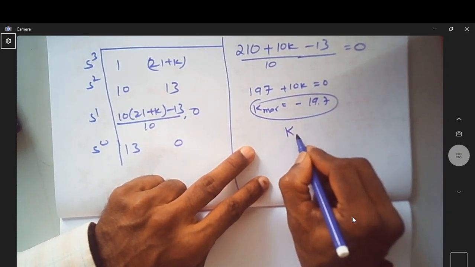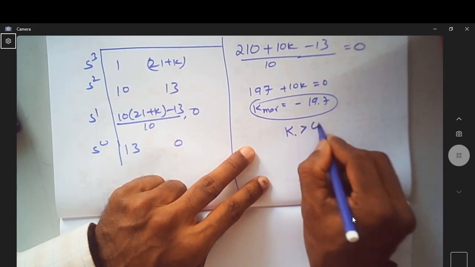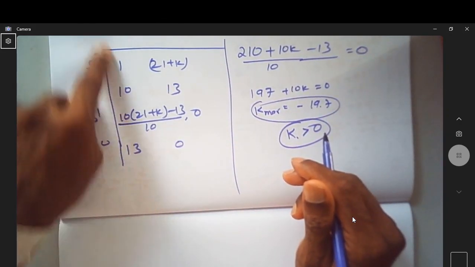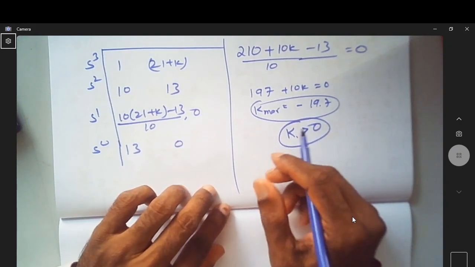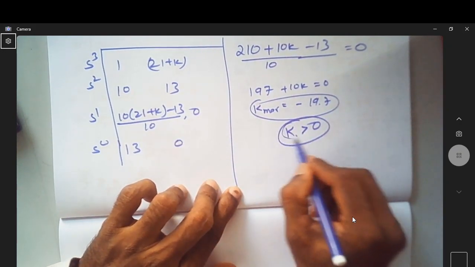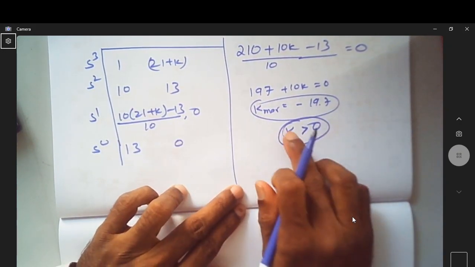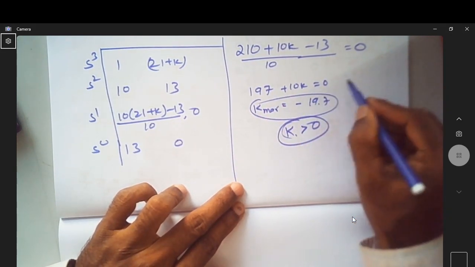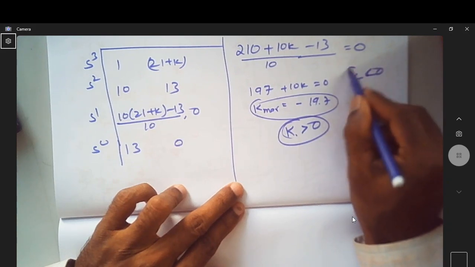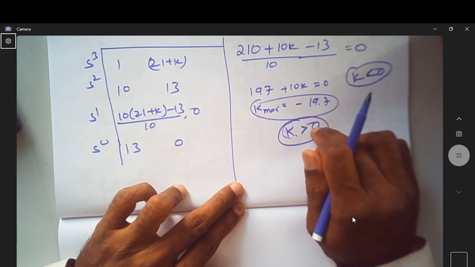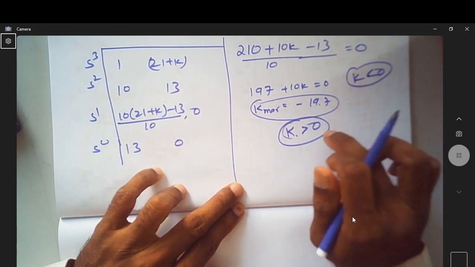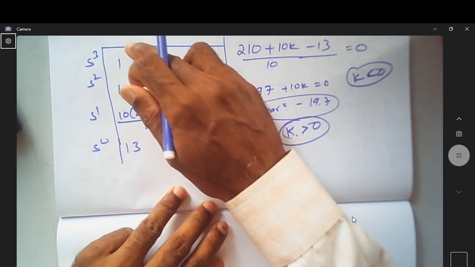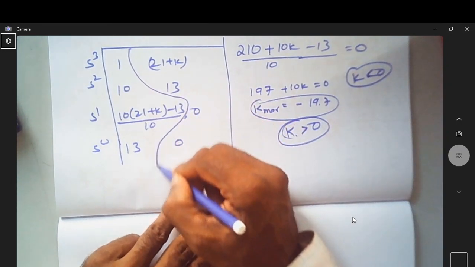For all values of k greater than 0, this is giving a positive value. So the system is stable for any value of k greater than 0. See here, my k margin has become negative, and k will never be less than 0. So when k is always greater than 0, that is a positive number, this will always be positive.